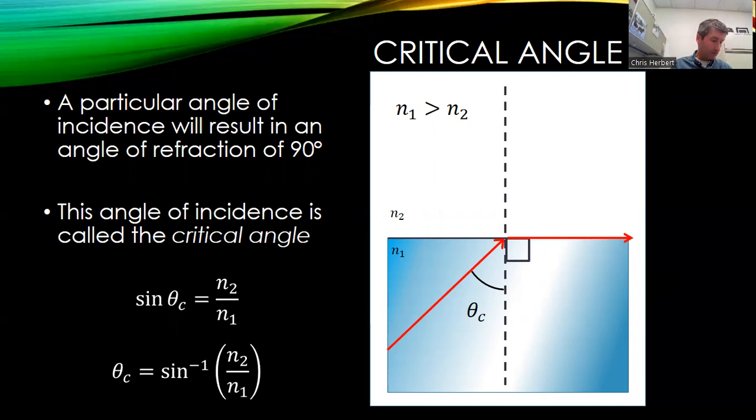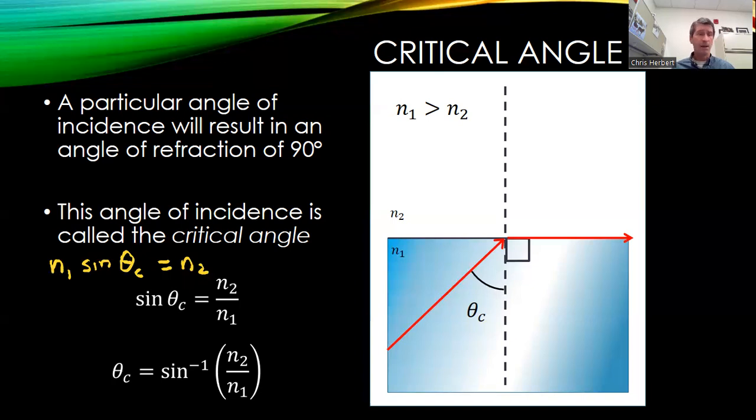So again, just to remind you of Snell's law, we know that Snell's law says N1, the index of refraction of the incident beam, times sine of theta. Here we're going to solve for theta such that it's the critical angle. This is equal to N2.